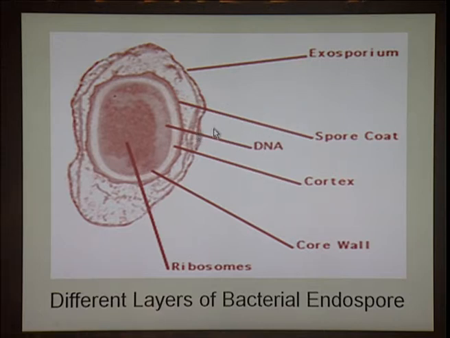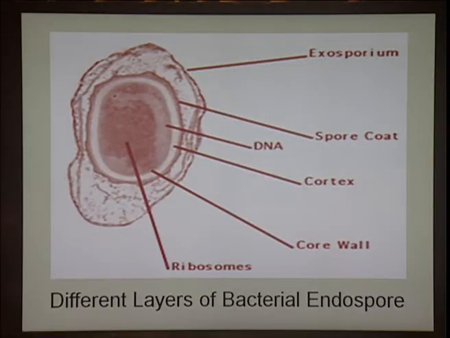And this spore coat is also formed of hydrophobic amino acids which protect the cell wall from other invasion, and this spore coat is also protecting the bacterial endospore from lysozyme action.